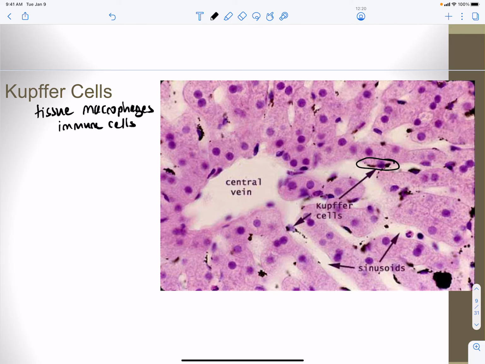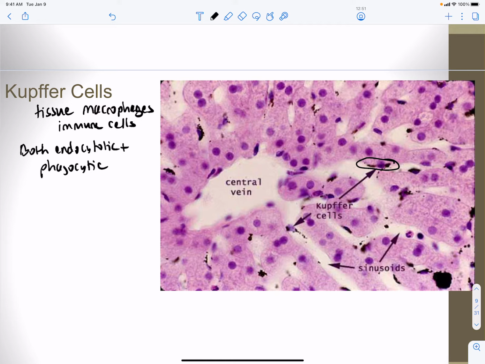Now macrophages or Kupffer cells are going to be both endocytotic as well as phagocytic. They're going to be able to eat things. They can take up proteins that are denatured.